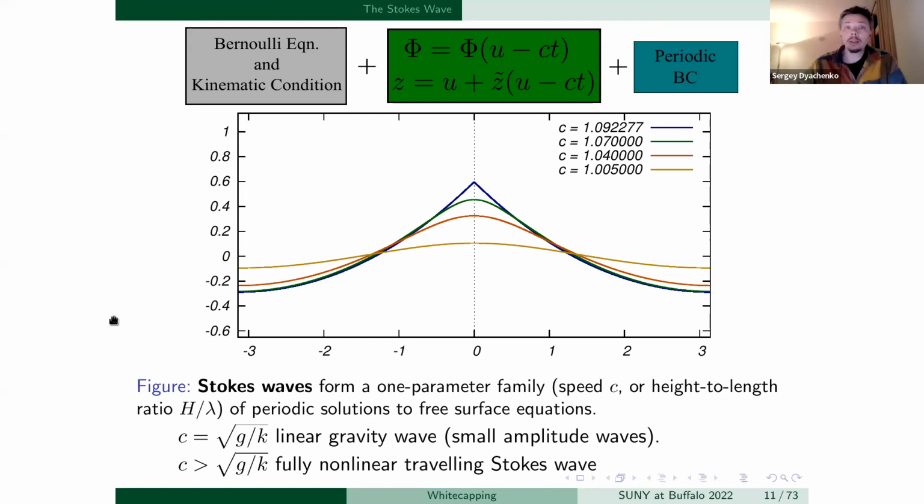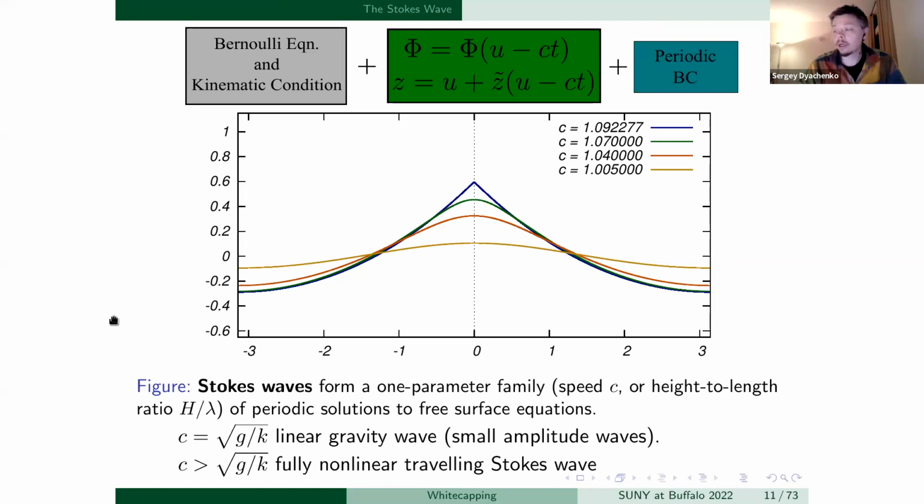So how to find those Stokes waves? It's not possible to find Stokes waves explicitly, to write a formula for them, but you can find them numerically.